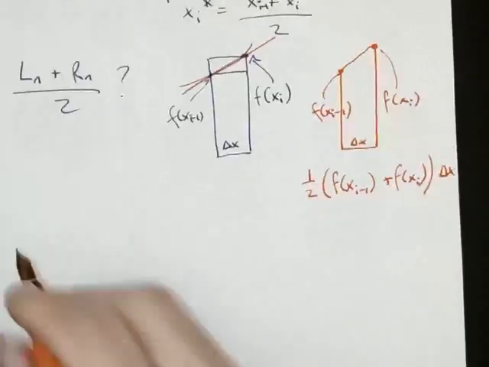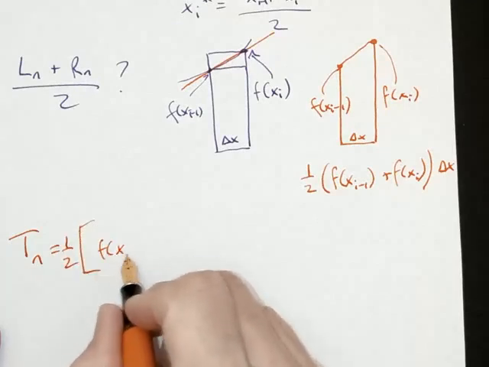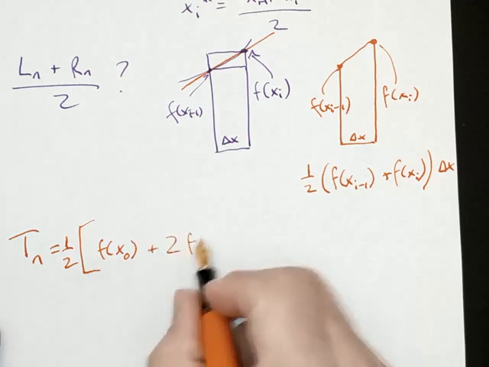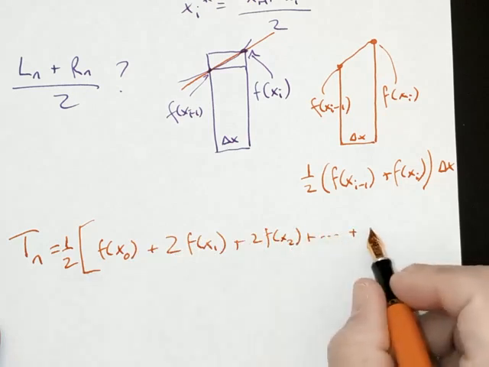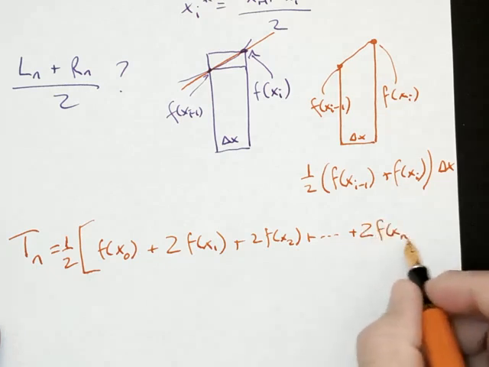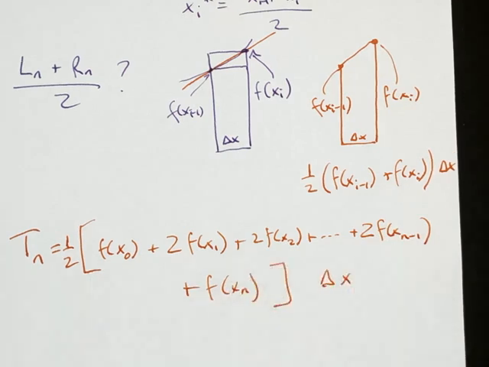A way to think of a trapezoid sum is to say you only want one of the very first point, one of the very last point, and then you want 2 of everything else, and then you average and multiply by delta x.